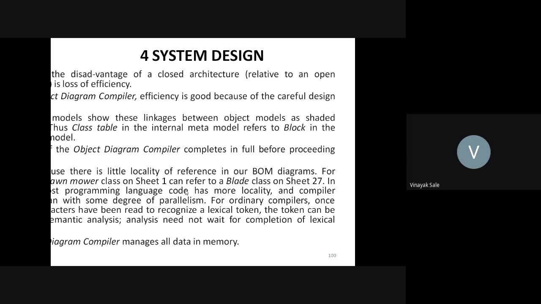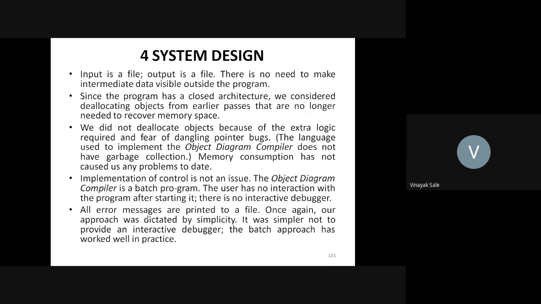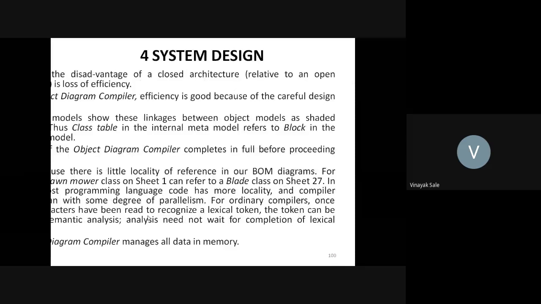The disadvantage of closed architecture relative to open is loss of efficiency. The object diagram compiler efficiency is good because of the careful design.